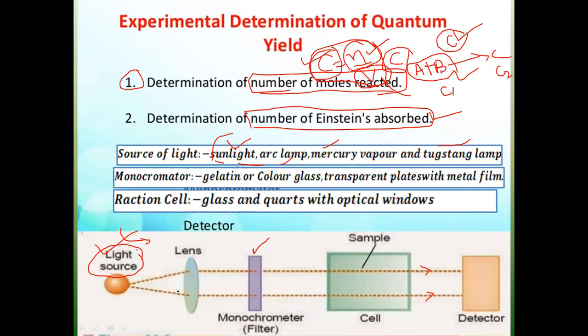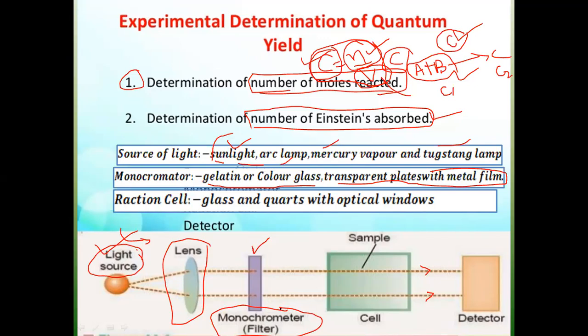The next one is the monochromator. The light passes through the lens in a beam form and then falls on the monochromator. A monochromator is simply a filter. It can be made of gelatin, colored glass, a transparent plate, or a prism. In the case of the spectrophotometer, there is a knob for a particular wavelength.